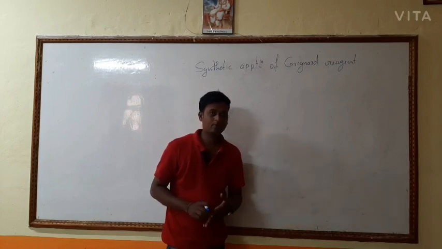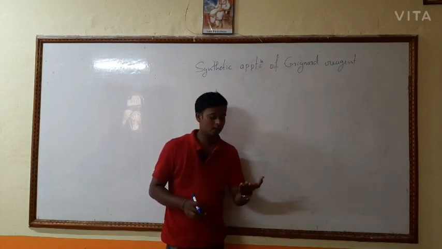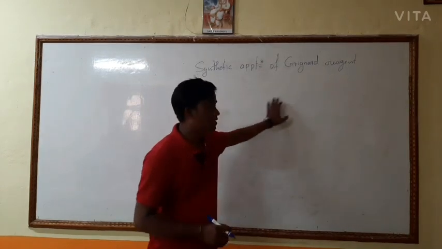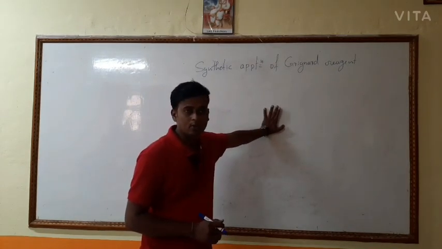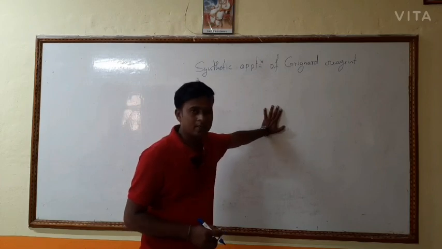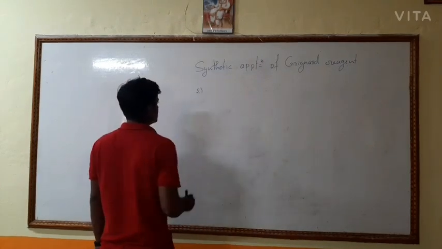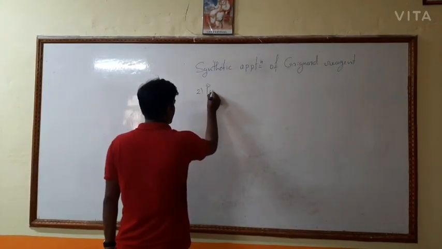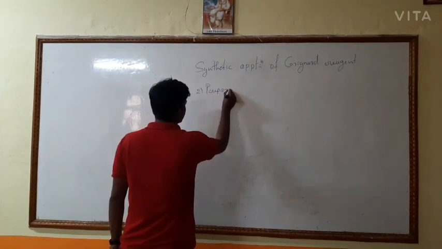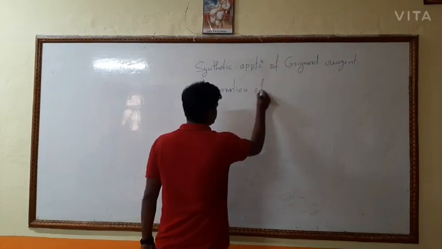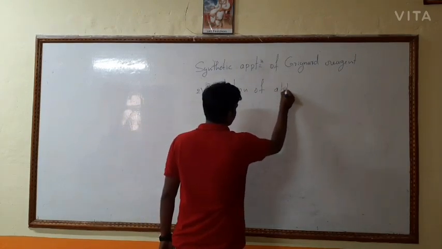In the last class we synthesized alcohol by using Grignard reagent, and in today's class we are going to discuss synthetic applications. The second one is preparation of aldehydes.